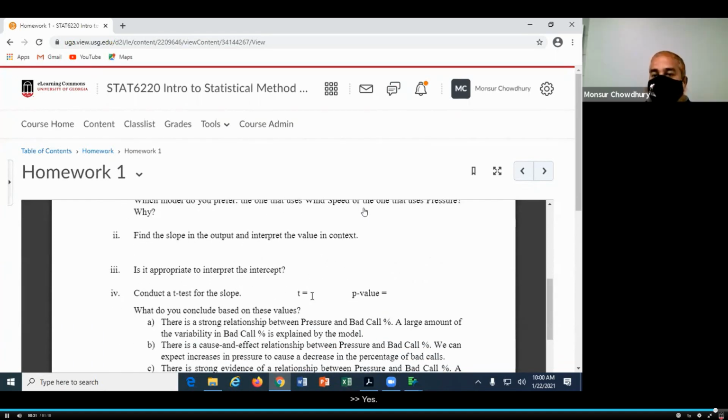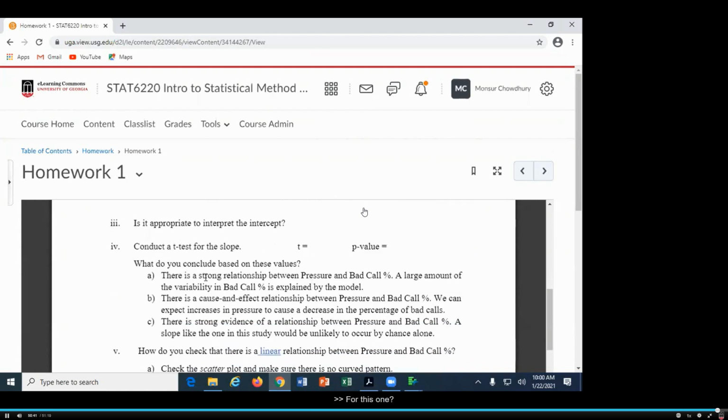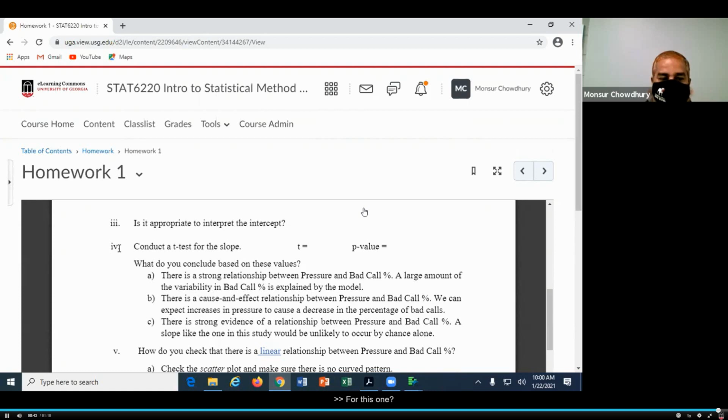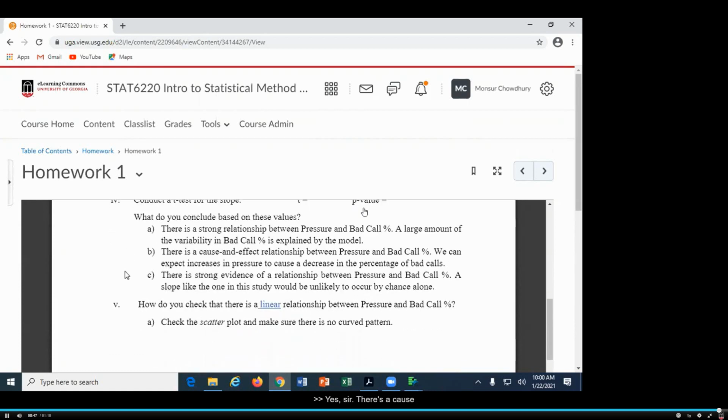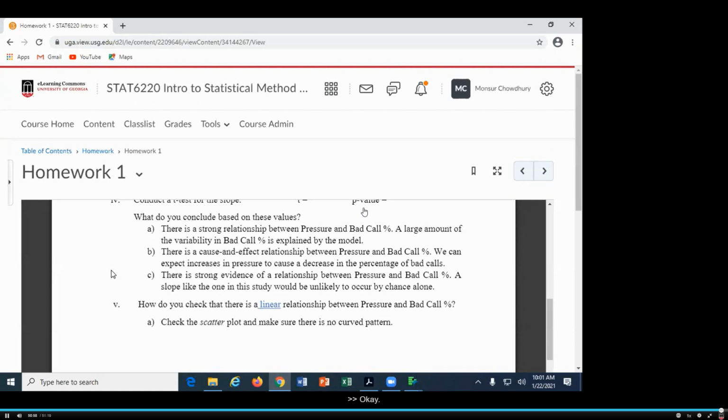Yes. Okay, understood. And one more question. For the multiple choice, it seems like B and C are very similar. For the fourth part, yes, sir. So there's a cause and effect relationship, and there's a strong yes. But there are some changes here, so you need to identify the correct one. Okay. All right, thank you.